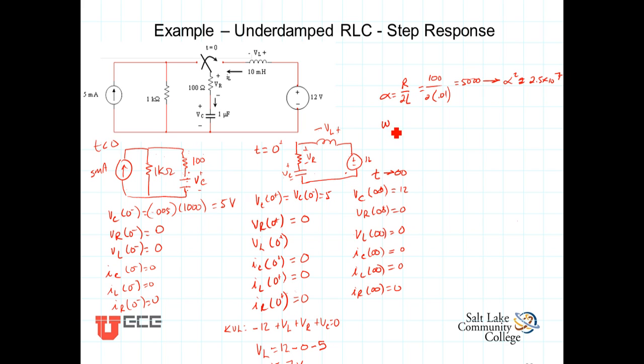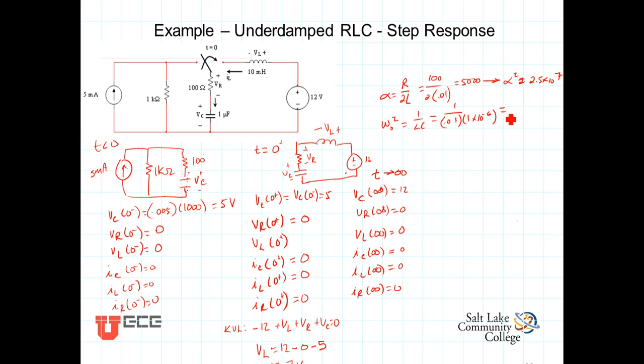And we also need to know what omega naught squared is. That's equal to 1 over L times C, which is equal to 1 divided by 0.01 and a 1 microfarad capacitor for C, so 1 times 10 to the minus 6th.